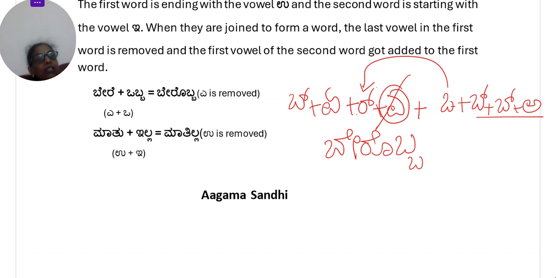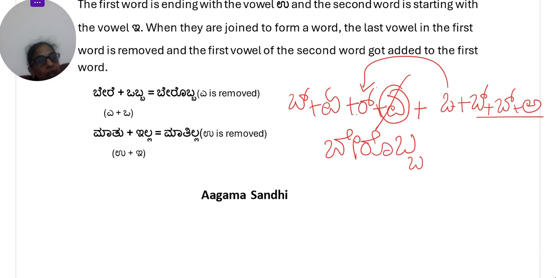Now, next one is, what is the Sandhi Karya when the Lopa Sandhi happens? The Sandhi Karya is that the first word, that is Purvapada's last vowel, is removed and the Uttarapada's first vowel gets added.